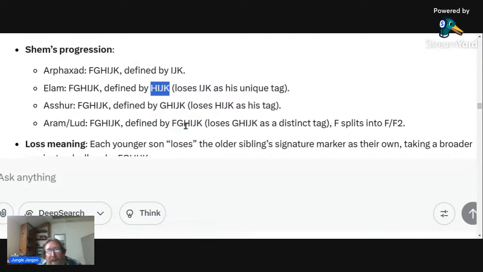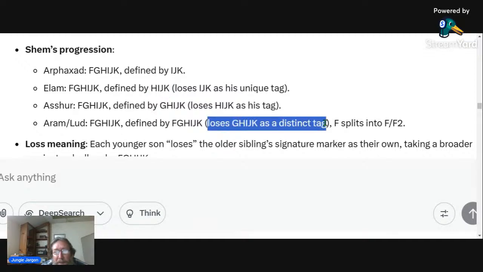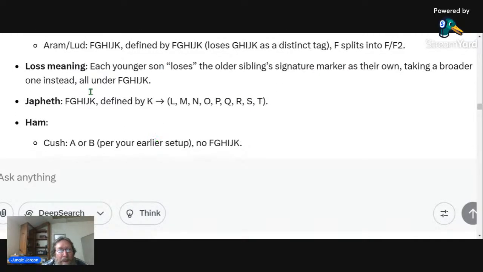But Aram does have the FGHIJK. This marker is lost out of Shem's lineage. It was there, but when Aram was born, it's no longer there, and it splits into two. Loss means each younger sibling loses the older sibling's signature marker as their own, taking a broader one instead, all under FGHIJK.